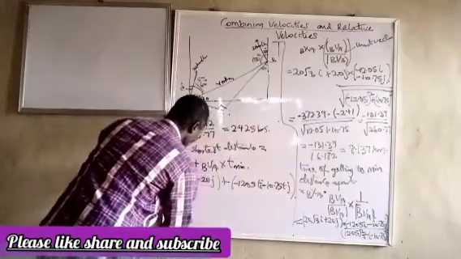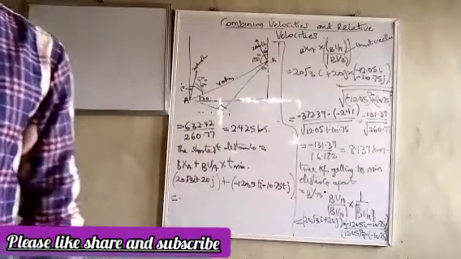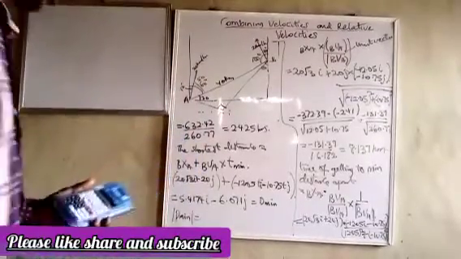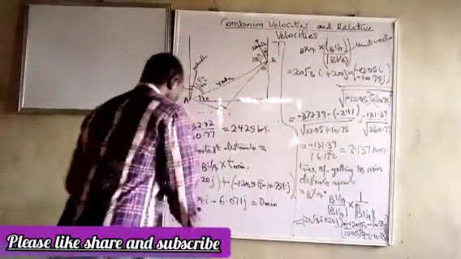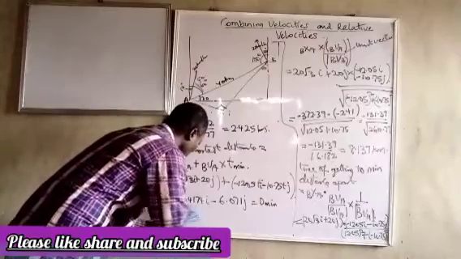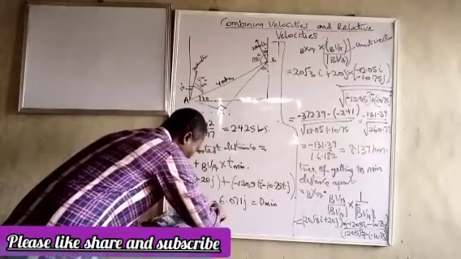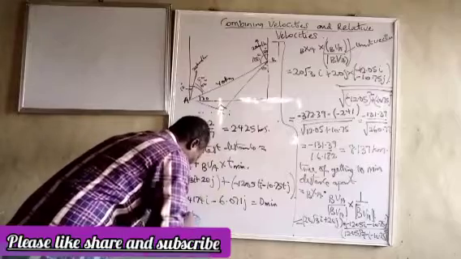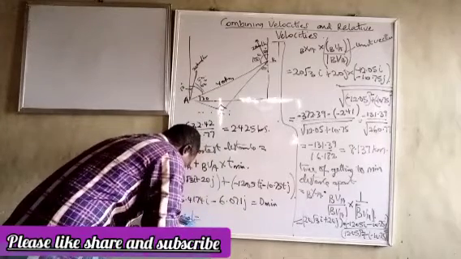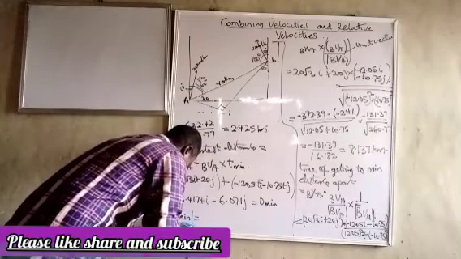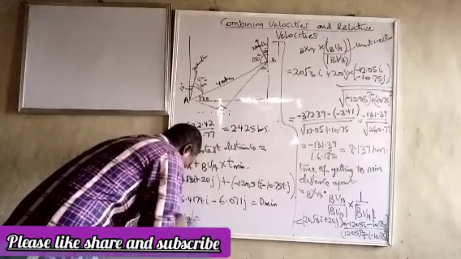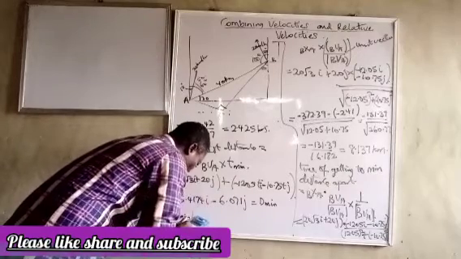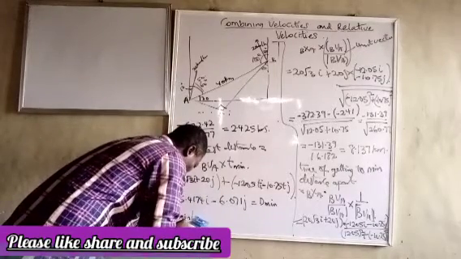So let's see what it will give. This is what I got: 5.4174 i minus 6.071 j. Let me find the absolute value, the magnitude.